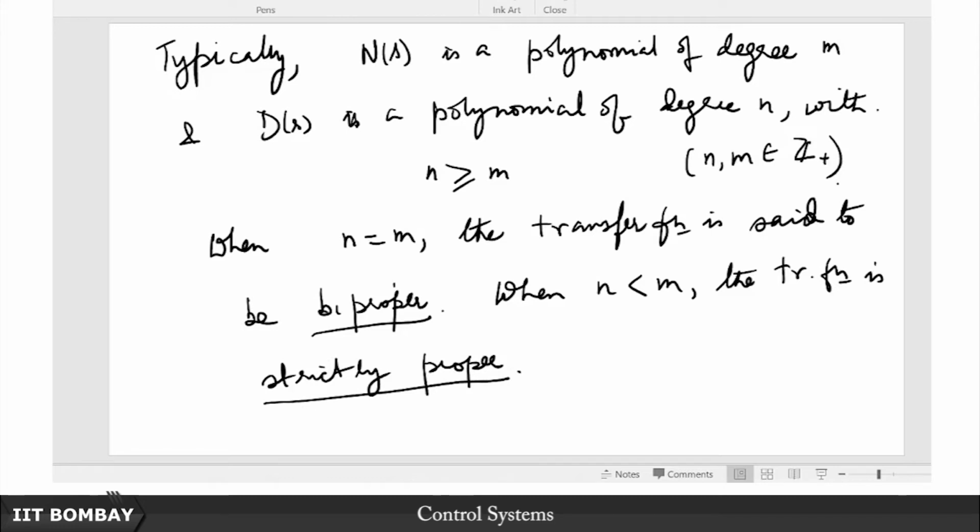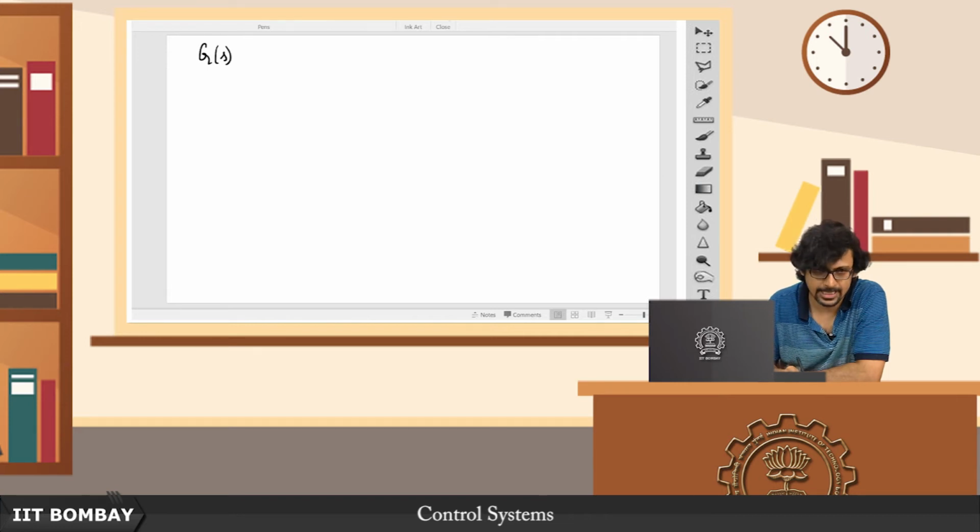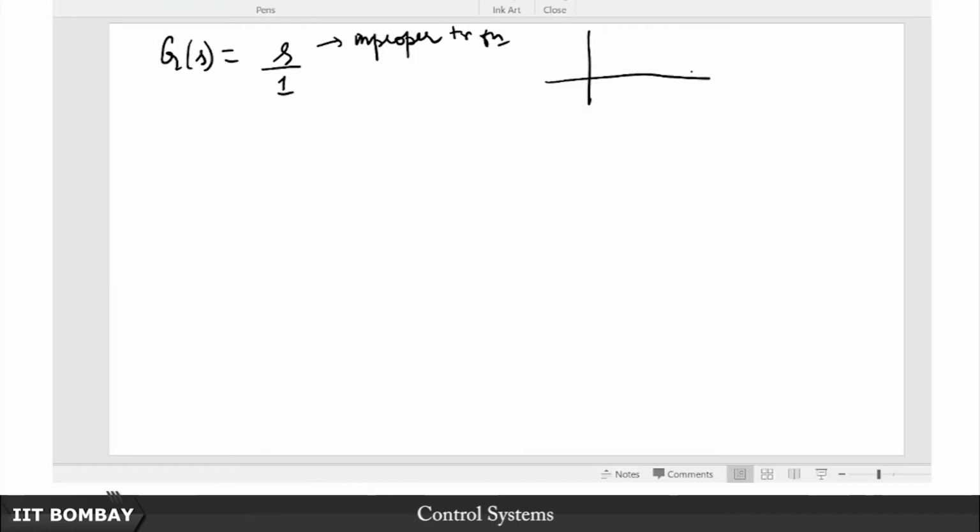One of the main reasons is, you note, for instance, a typical case of a transfer function that is improper. That is to say that the degree of the denominator polynomial is less than that of the numerator polynomial, such as this. Here you have a first degree polynomial in the numerator, a 0th degree polynomial in the denominator. So this is an improper transfer function. Now what happens if you pass a unit step through such a system?